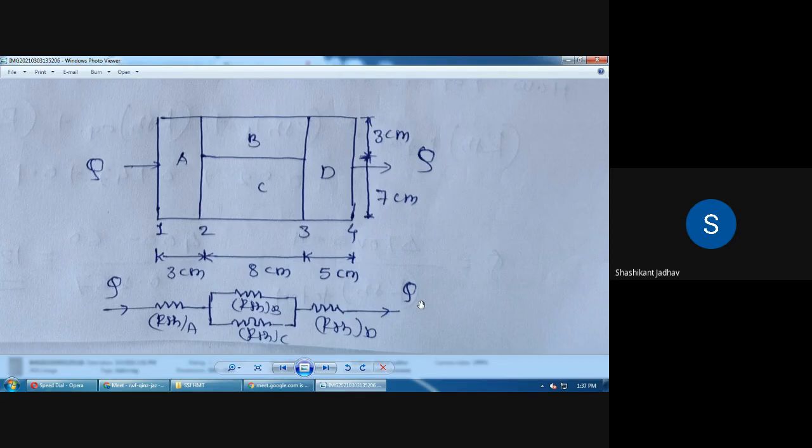There are 4 resistances, but in this case 2 resistances B and C are parallel with each other, and then in this series we have to consider only 3 resistances. Okay, so what is the standard equation? Q is equal to delta T overall upon summation of thermal resistances, or total thermal resistances.